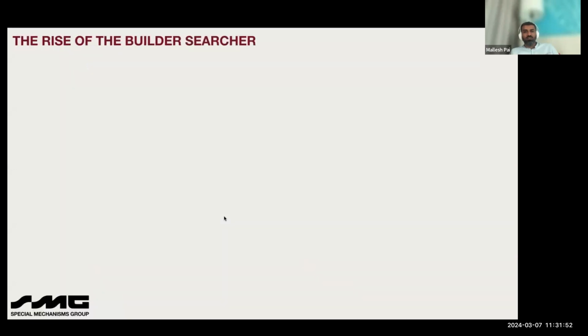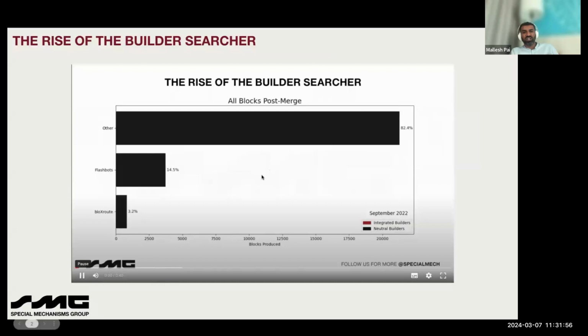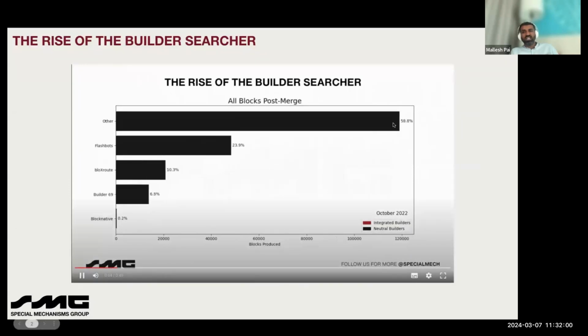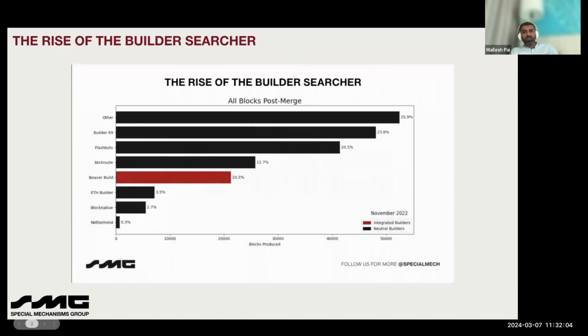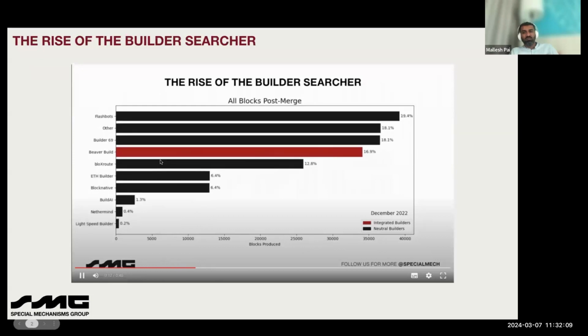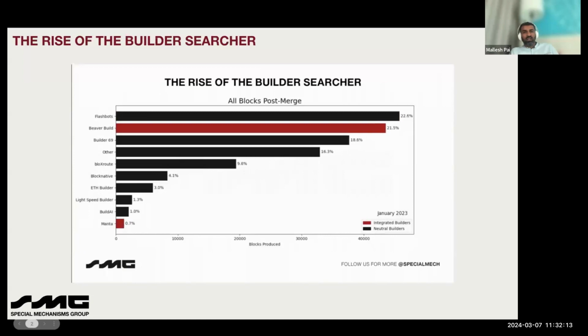I want to take you through the evolution of these market shares, because it's kind of interesting. This is September 22. As you can see, initially there was a large competitive fringe of builders winning about 50% of the blocks. But if you look at the cumulative lot, at some point, Beaver started to win a lot of blocks, maybe around October.